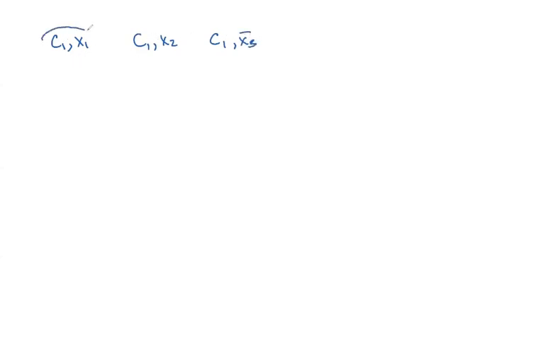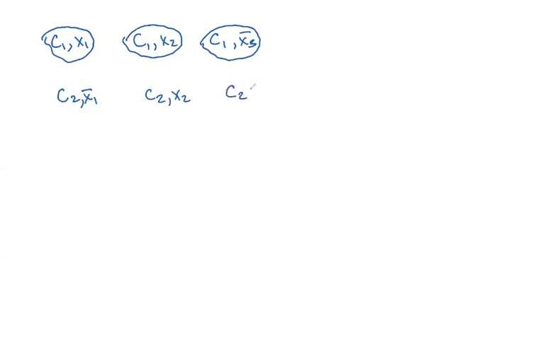We have these three vertices for the first clause. Then for the second clause, we have the vertices C2 not x1, C2 x2, and C2 x3.